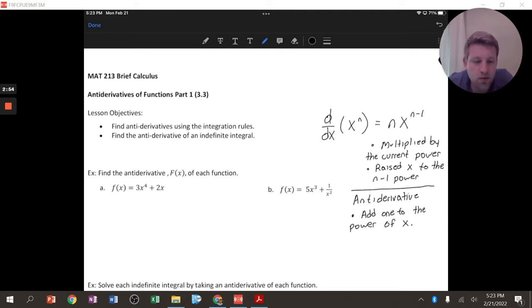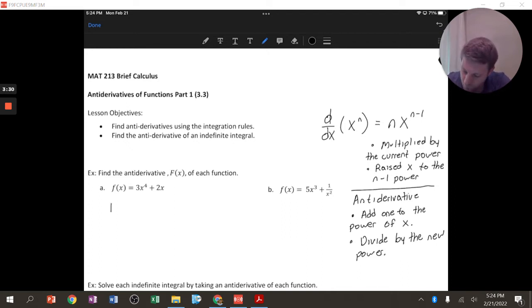And then instead of multiplying by the current power, I'm going to divide by the new power. So if we think of it in terms of those operations, we're really going to just do those in reverse, and that will pull back our derivative to its original function before the derivative.